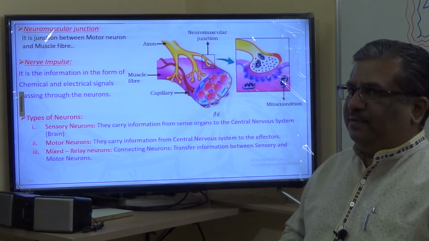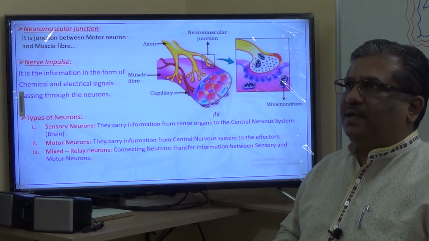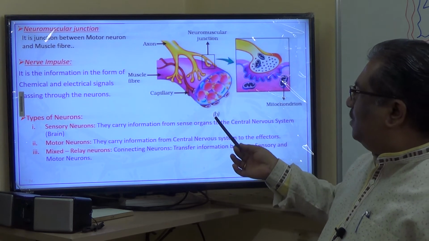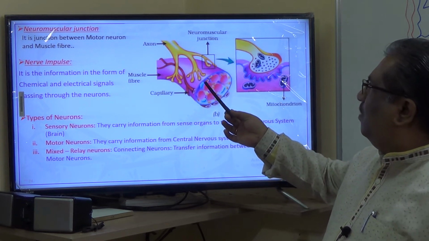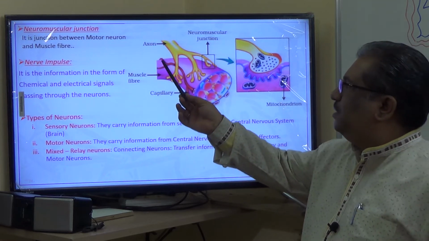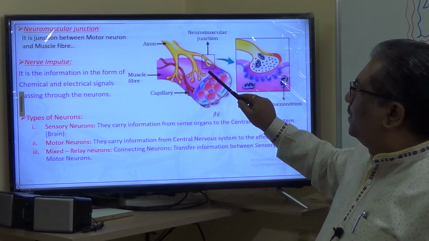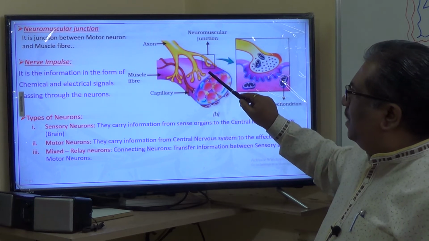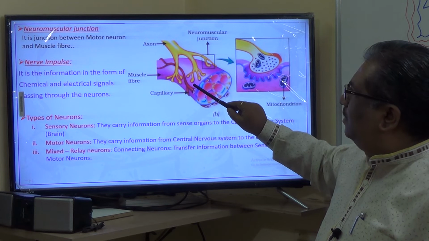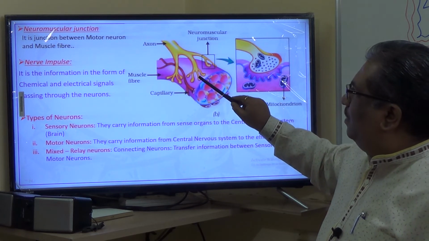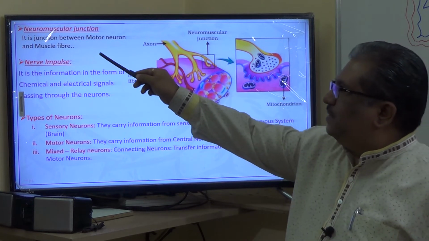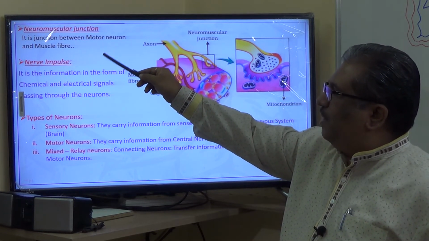Some more information that is given in the textbook needs to be noted down. This particular junction, this is called a neuromuscular junction. This is a neuromuscular junction, the junction between neuron and the muscle. This is the junction, it means it is a junction between motor neuron and muscle fiber.